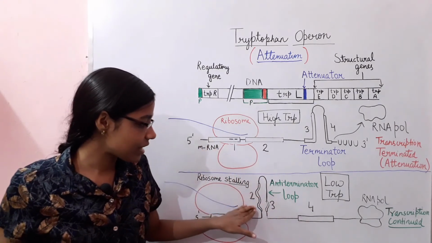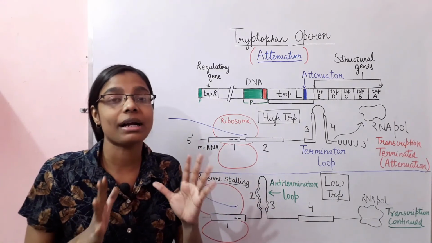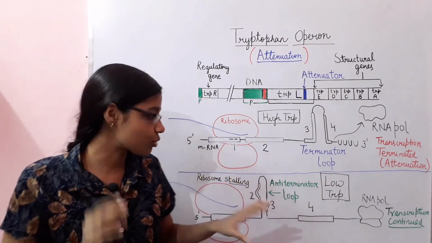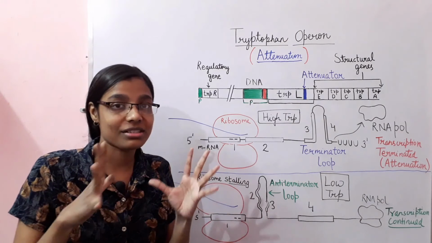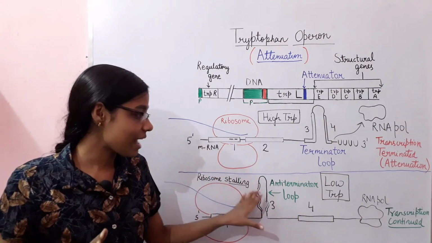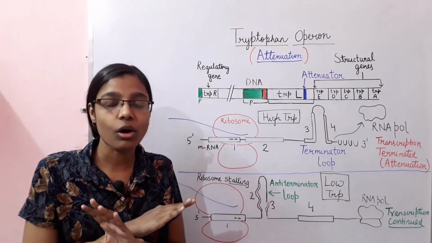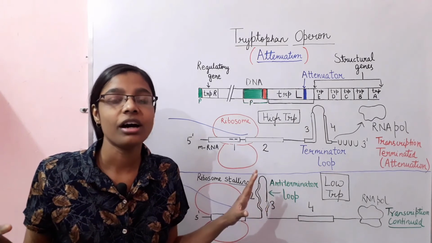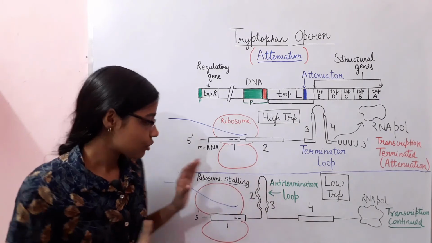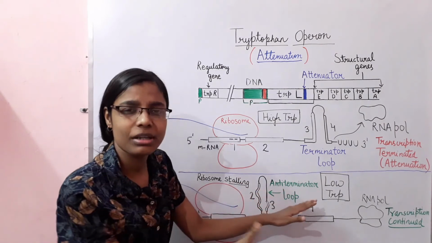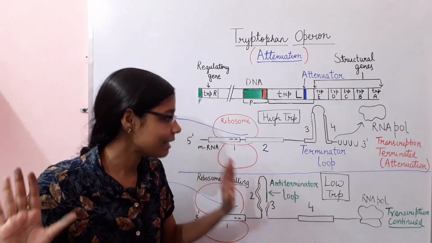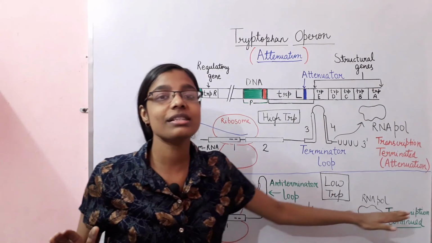So in this case, region 2 and 3 will form a kind of loop-like structure, which is called the anti-terminator loop. As we have discussed earlier, this anti-terminator loop will not cause any inhibition of the transcription process. So the ribosome will cross this anti-terminator loop very easily, and transcription is continued.